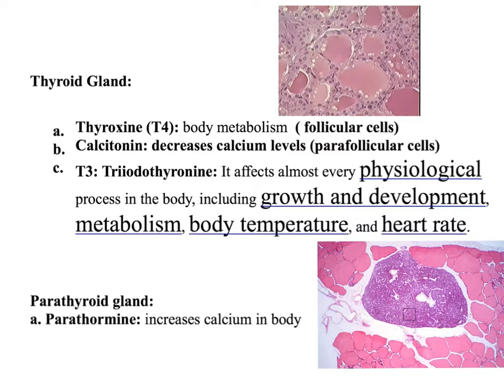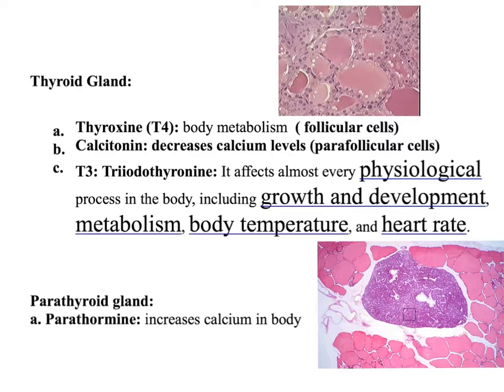There are 3 hormones that are secreted by the thyroid gland. The thyroxine, or T4, deals with body metabolism, and it is secreted by the follicular cells. Now, these follicular cells are these donut-shaped cells or simple cuboidal epithelial cells that you'll see located right in that area. The second hormone is calcitonin.